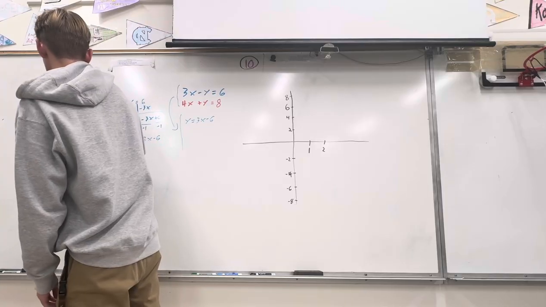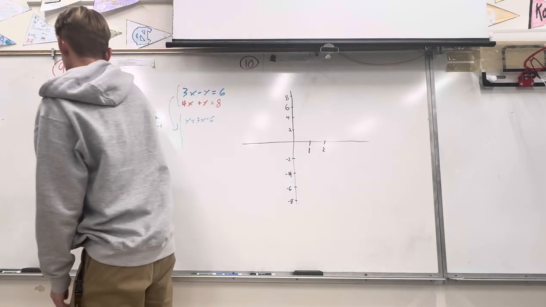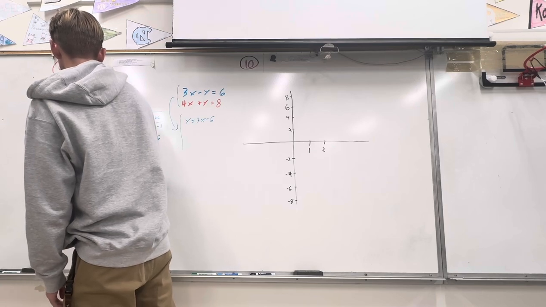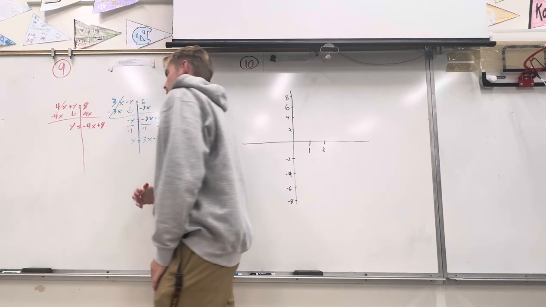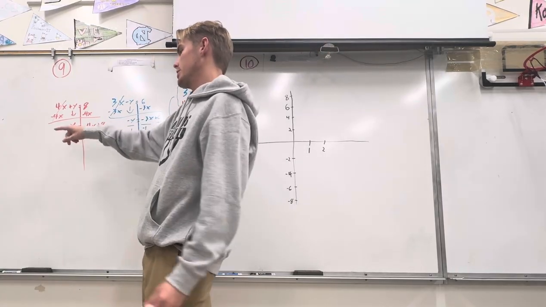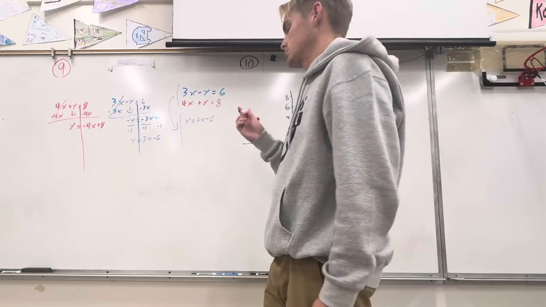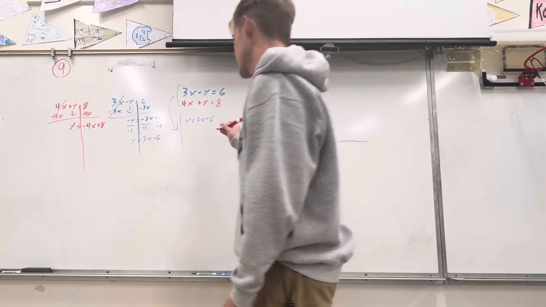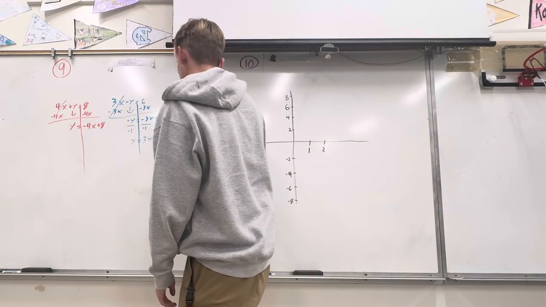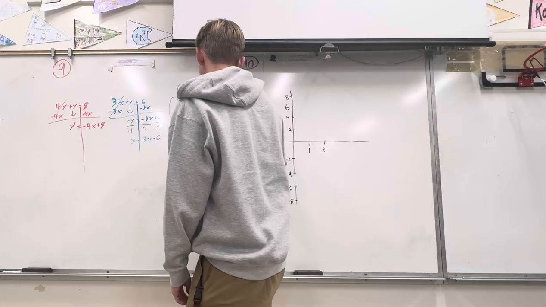We're left with y equals, once again, we can't combine these two, this is just negative 4x plus 8. And then we got lucky in this case, that it's just a positive 1 in front of y, so we don't have to divide both sides by anything. That is just our final equation in slope-intercept form. So we have y equals negative 4x plus 8.